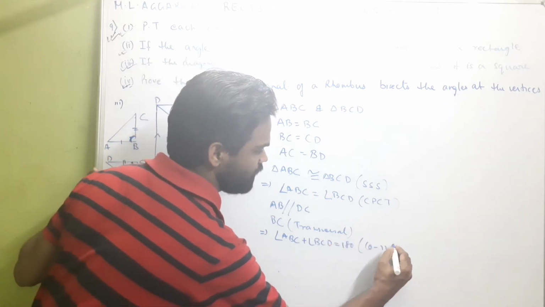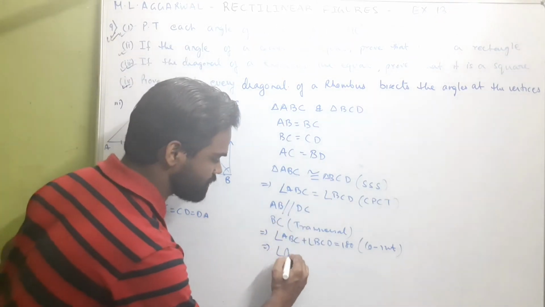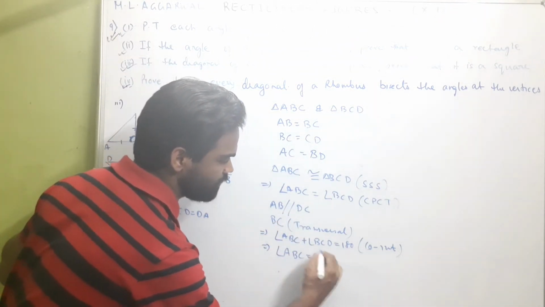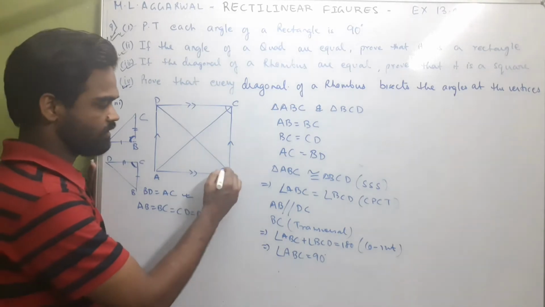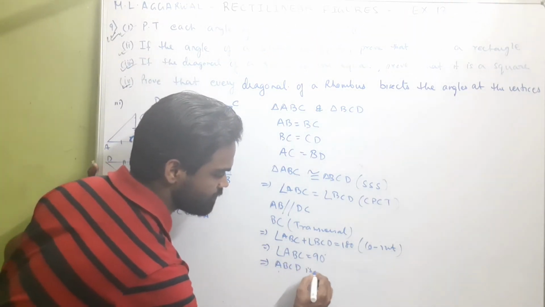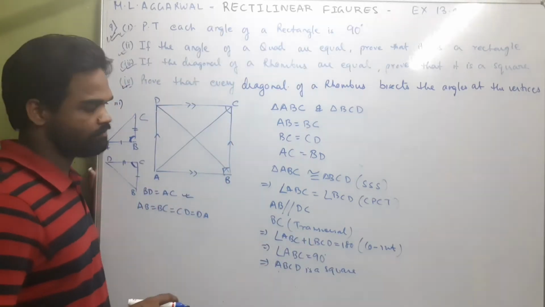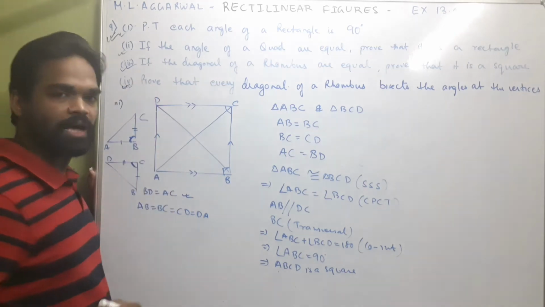That's co-interior angles. And these two angles are equal, which simply means that angle ABC is equal to 90 degrees. And since this angle is 90 degrees, ABCD is a square. Done.